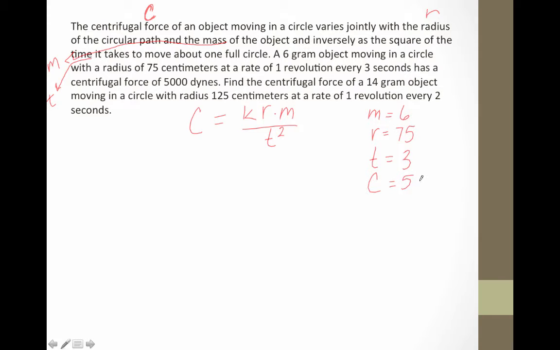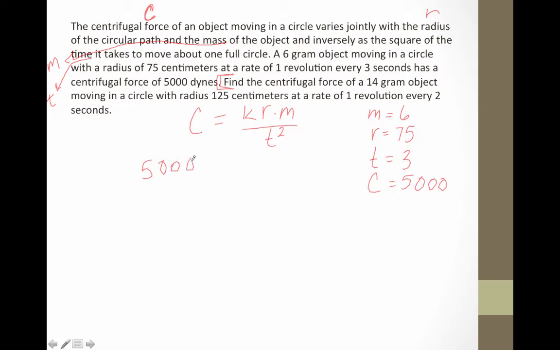So C equals 5,000. Find the centrifugal force of a 14-gram object moving in a circle with a radius 125 centimeters at a rate of 1 revolution every 2 seconds. Let's put this one on hold a second.